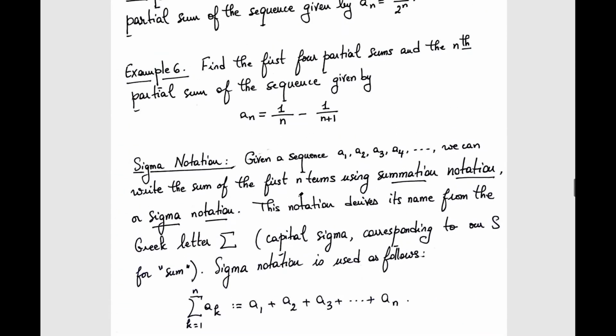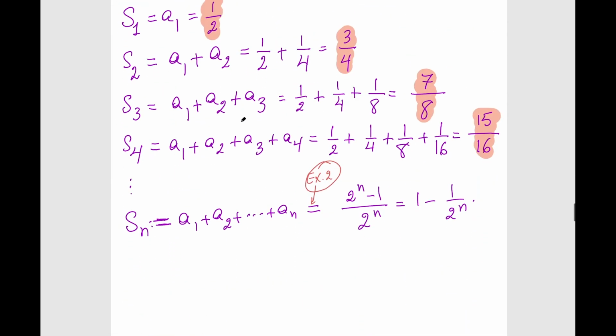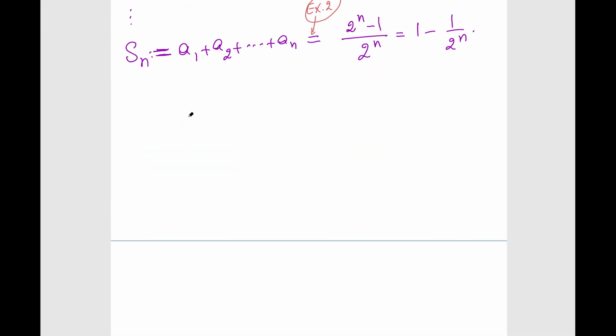Alright, so the next example, example 6. The question is, find the first 4 partial sums and guess the nth partial sum of the sequence given by an equals 1 over n minus 1 over n plus 1. Okay? Alright, so we're going to do the same thing as above.